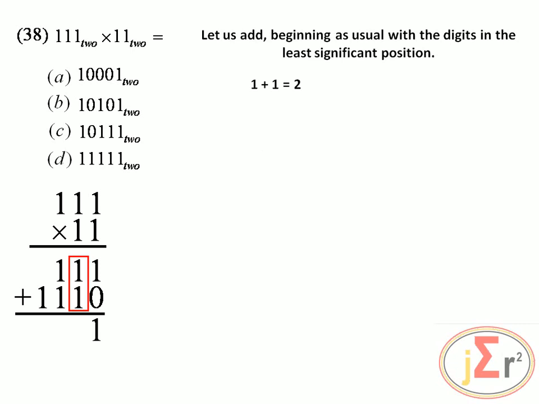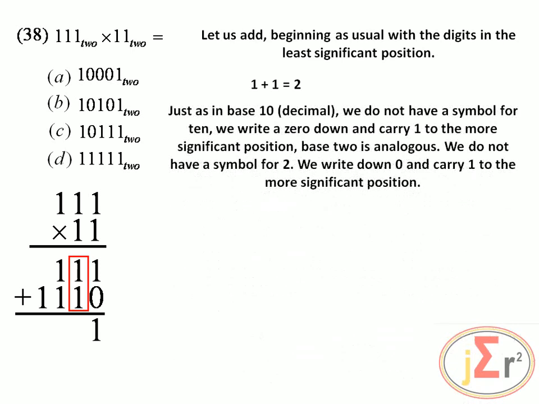Just as in base 10, which is decimal, we do not have a symbol for 10. We write a 0 down and carry 1 to the more significant position. Base 2 is analogous. We do not have a symbol for 2. We write down 0 and carry 1 to the more significant position.